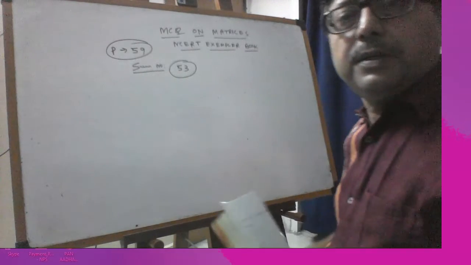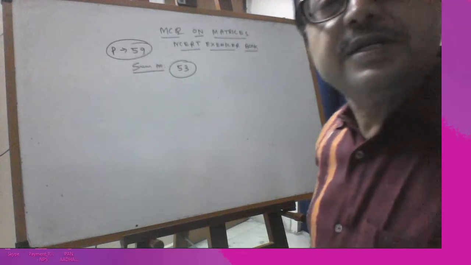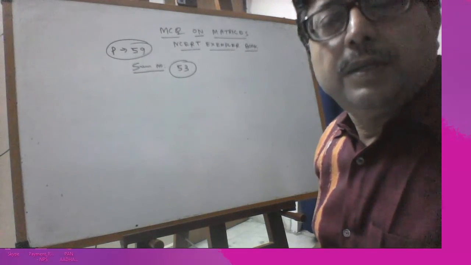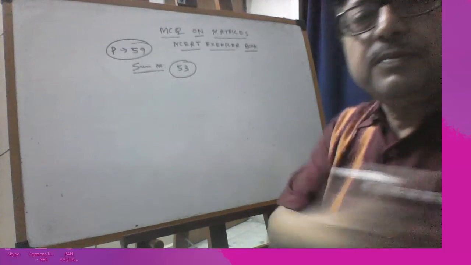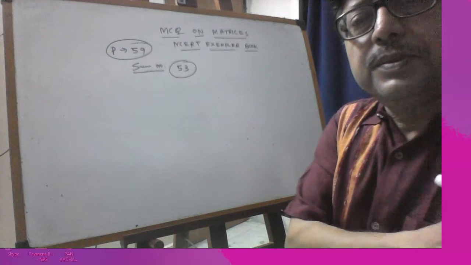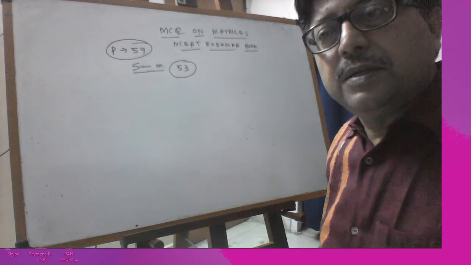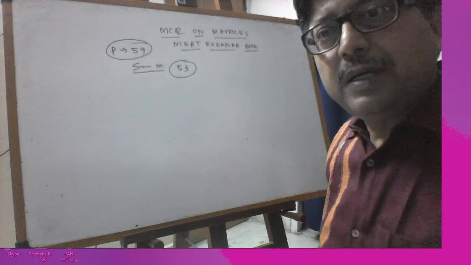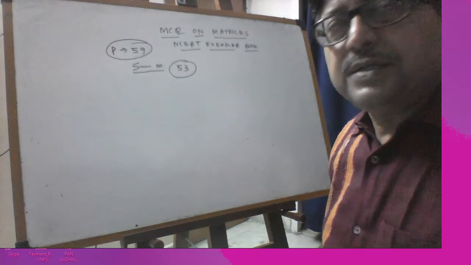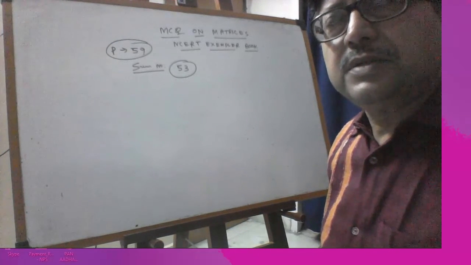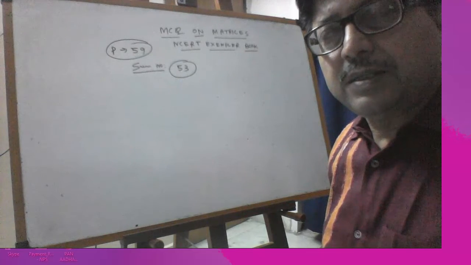Today we are going to do MCQ questions from the NCERT Exemplar book as well as from the NCERT book, on Matrices. I think this will be our last class in the series because the sums from the main book are done.